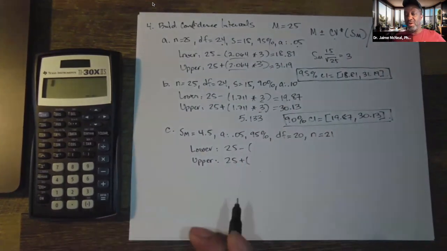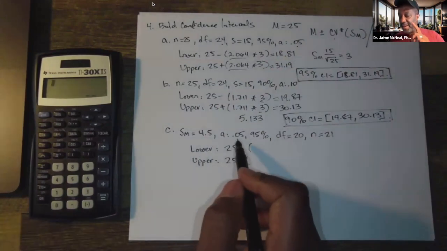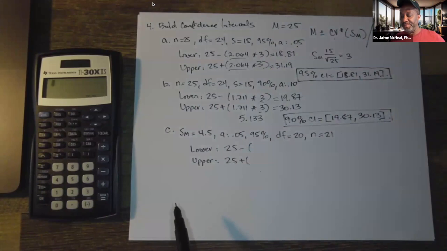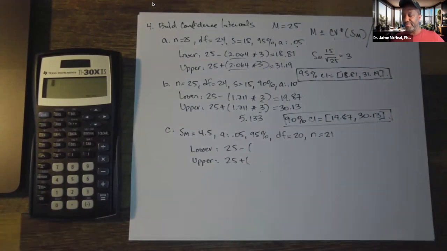Now we need to figure out the critical value. We know that we need a two-tailed test. We know that it is 0.05, and we know what the degrees of freedom are. So let's go over to the table.